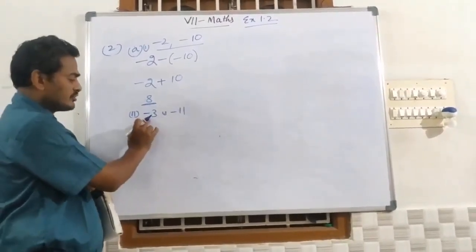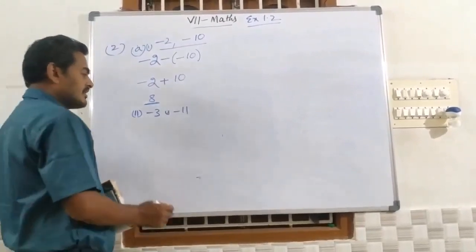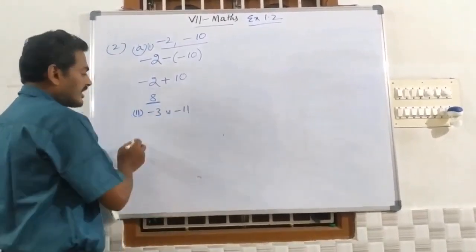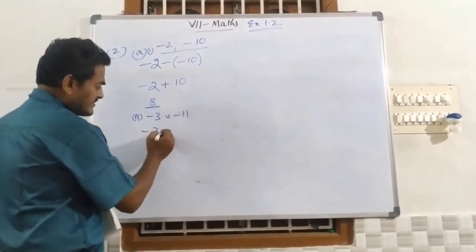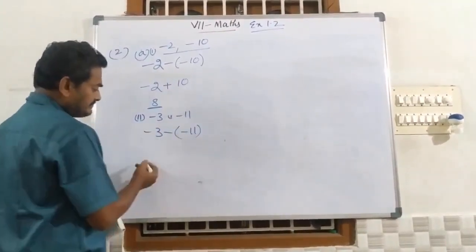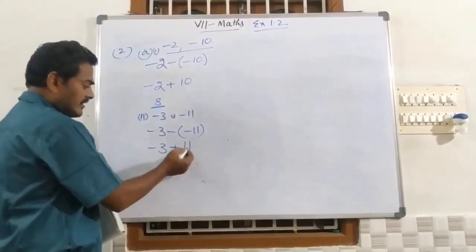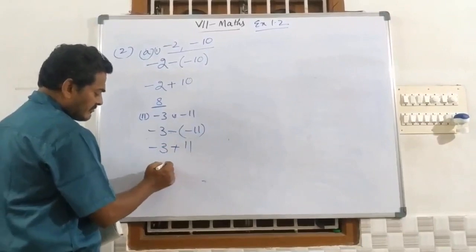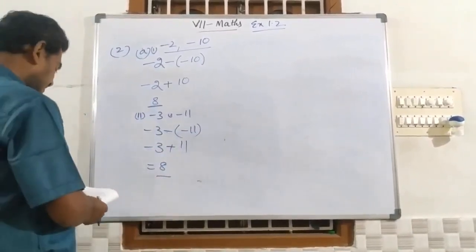So minus 3 is negative, and minus 11 is also a negative number. The two negative numbers' difference is 8. That means minus 3 minus of minus 11, minus into minus becomes plus 11, 11 minus 3 equals 8.